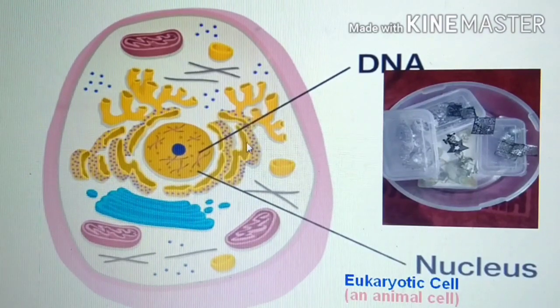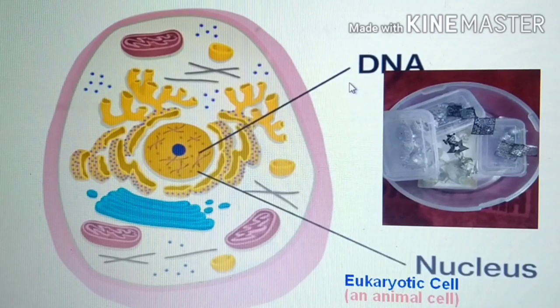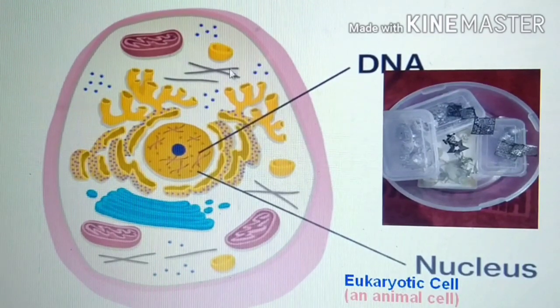You can see the different cell organelles like the mitochondria, the Golgi apparatus, endoplasmic reticulum, and the most important thing, the nucleus. Here you are seeing the nucleus. It is membrane bound, and the DNA is found inside the nucleus. The blue structure you are seeing is called the nucleolus, that we have learned in the first picture of the nucleus.